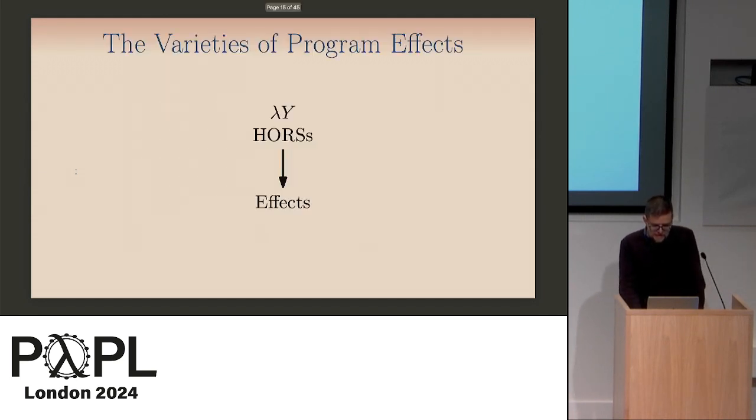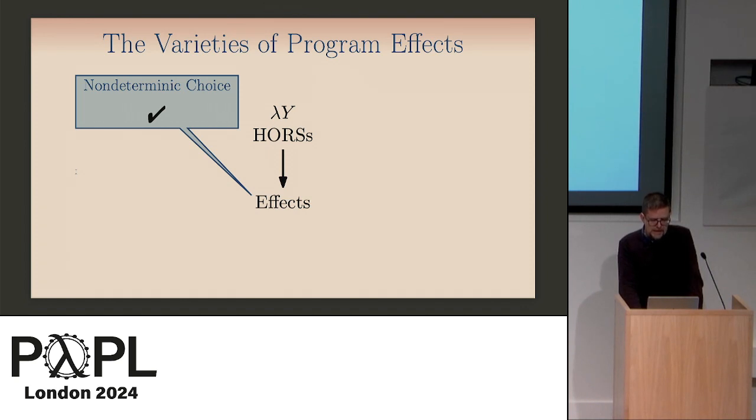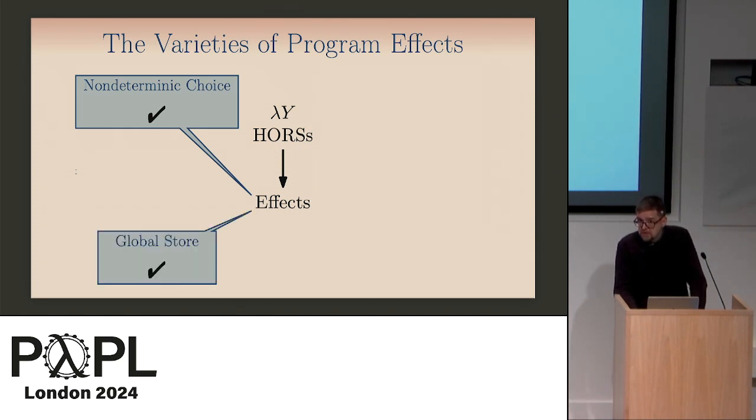The thing is that the literature offers some results in this direction. For example, there is some work about higher order model checking in presence of non-deterministic choice, and in this case, well, it's easy to prove that you remain decidable. Also, in presence of global store, you can do something.